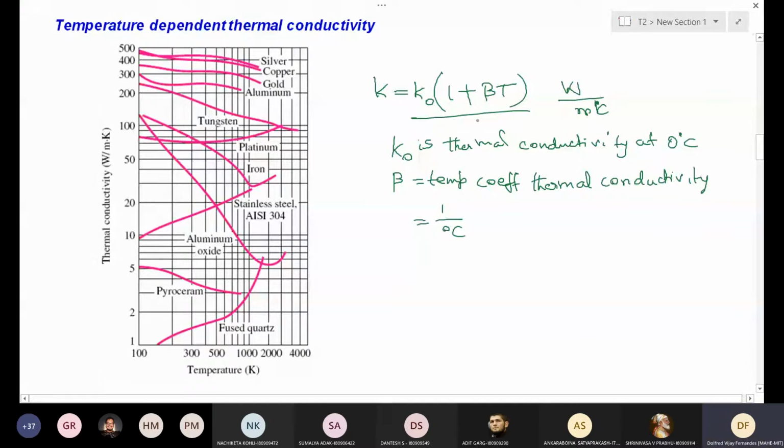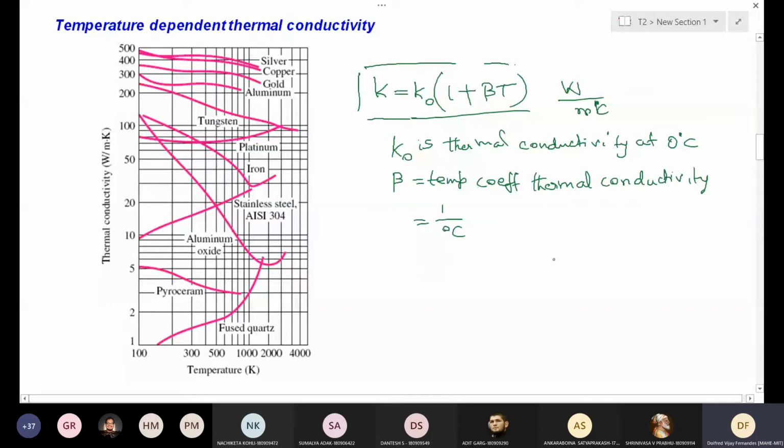We can use this linearized equation only for a limited range, not for the entire temperature range. When we have a limited temperature range, we can find the beta value for that range and use this formula.